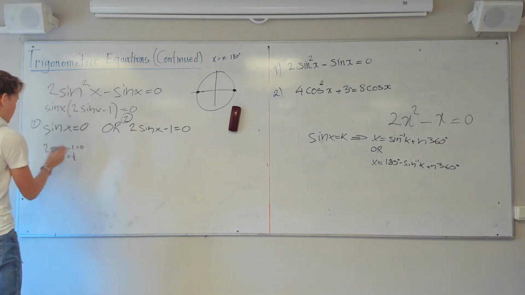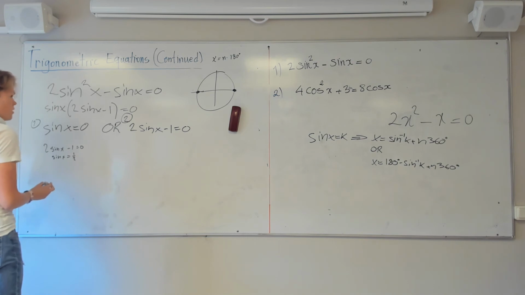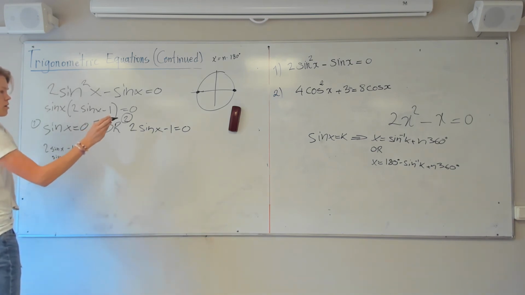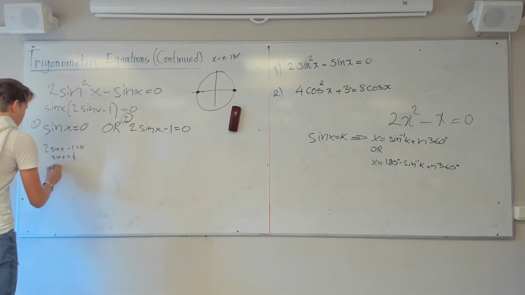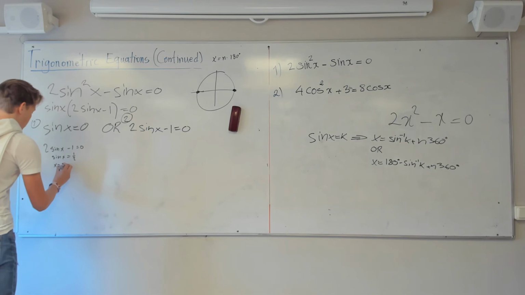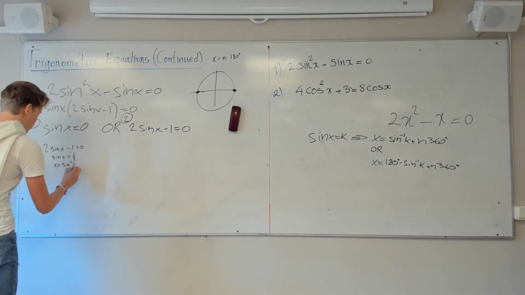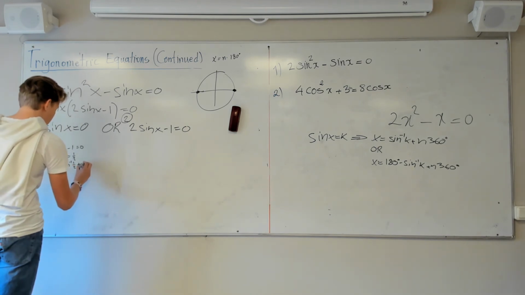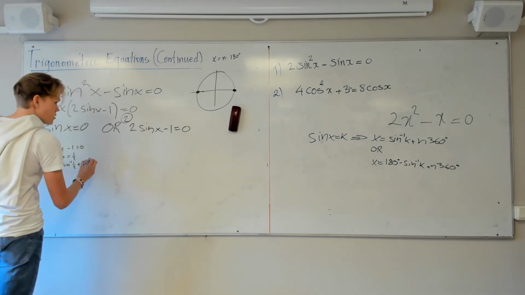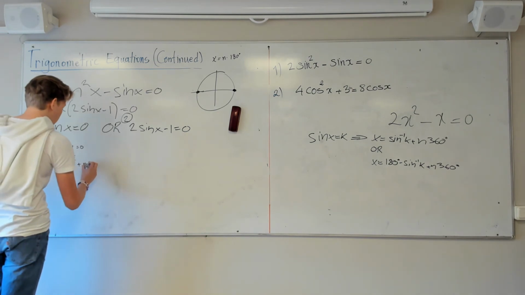Just move that and divide by 2. And then we use the formula right there. And we get x is equal to sine inverse of 1 over 2 plus n times 360.